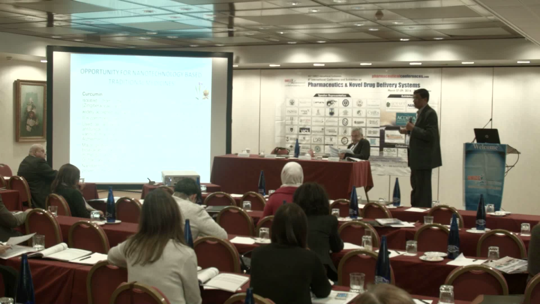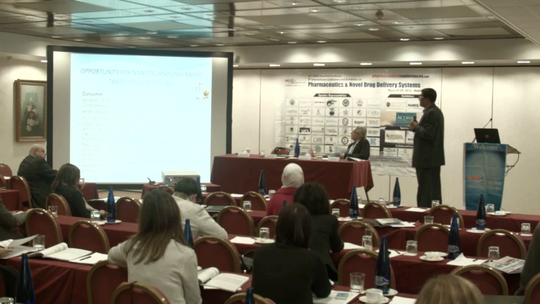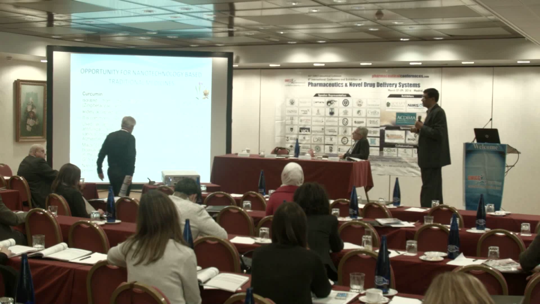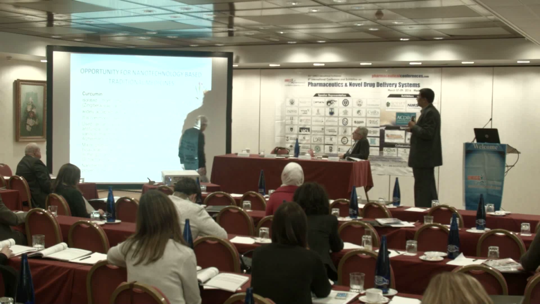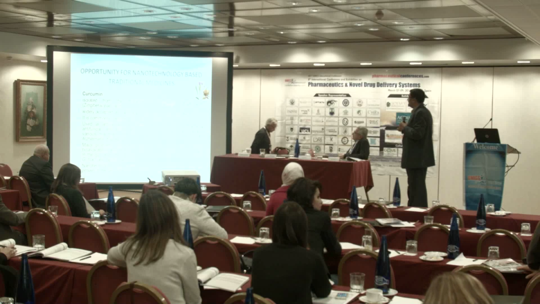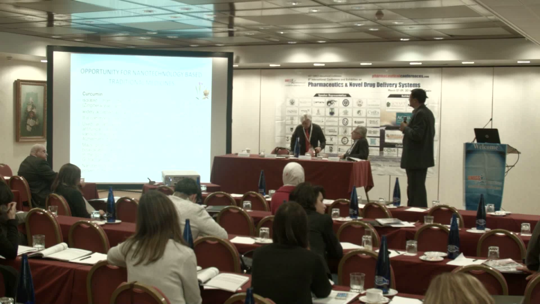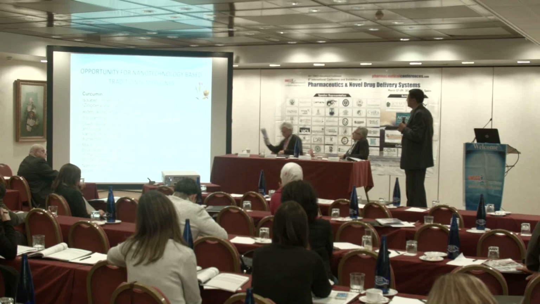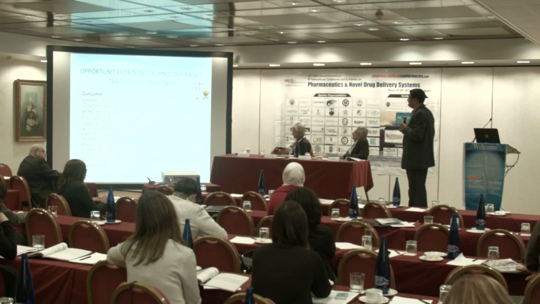Take curcumin. Curcumin, you know, is a very famous traditional drug, widely used everywhere. It is basically from the plant called Curcuma longa. It is available in most parts of the world, particularly Southeast Asia.